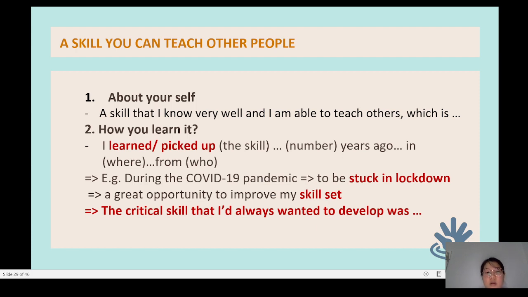For example, during the COVID-19 pandemic, because of this special occasion, I was stuck in lockdown, and it was a great opportunity to improve my skill set. At the end of this idea, you can conclude your main idea with a sentence like: the critical skill that I've always wanted to develop was.